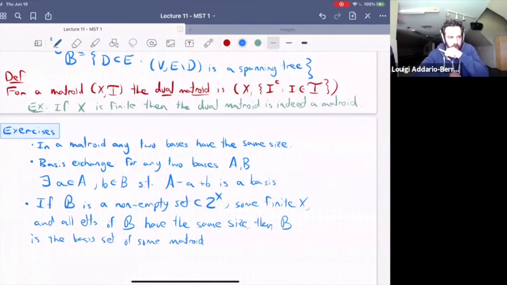I'm a little skeptical about that as I write it down. I thought it was true when I wrote it down. Yes, and there is a correction, thank you.